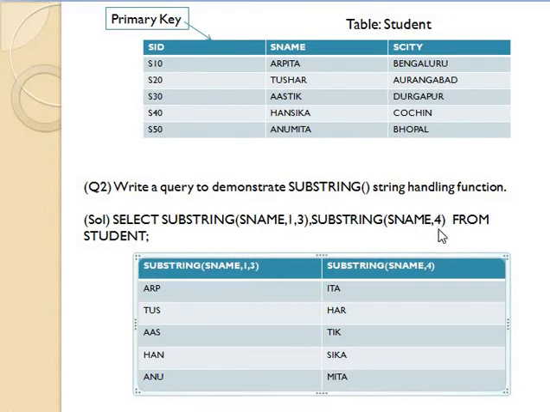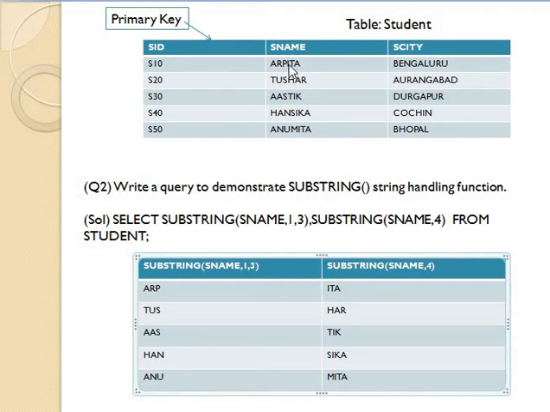But in this case, as the start is position 4, I shall start from the letter I for the entry Arpita, and since it has not been mentioned how many letters to extract, I shall extract all the letters starting from position 4.